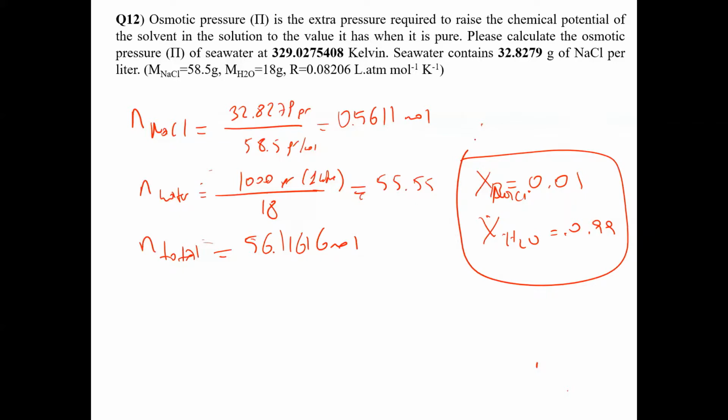And let me write down the formula, but here I'd like to mention that sodium chloride dissolved in the solution dissociates into sodium ion plus chloride ion here. So we need to multiply by 2.